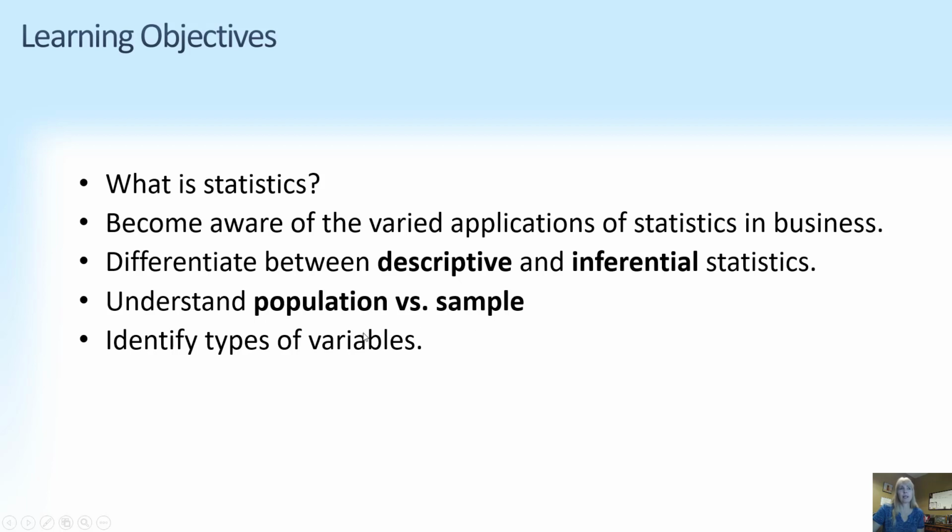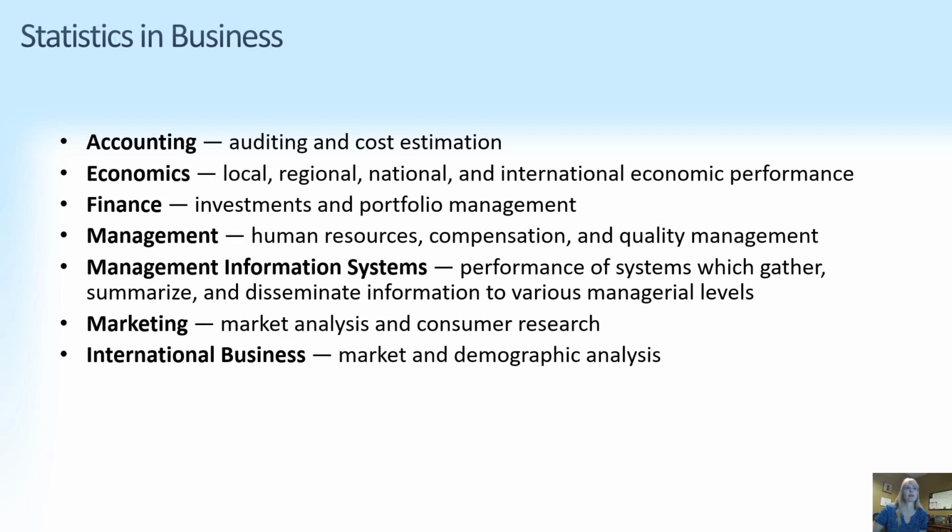And then understand the difference between a population and a sample, meaning the population is what you want to learn about, but typically you can only go out and ask so many people, and then also identify variable types. There's certainly a lot of statistics in many different fields in business. A lot of times students will say, there'll be some statistician that'll do this for me.